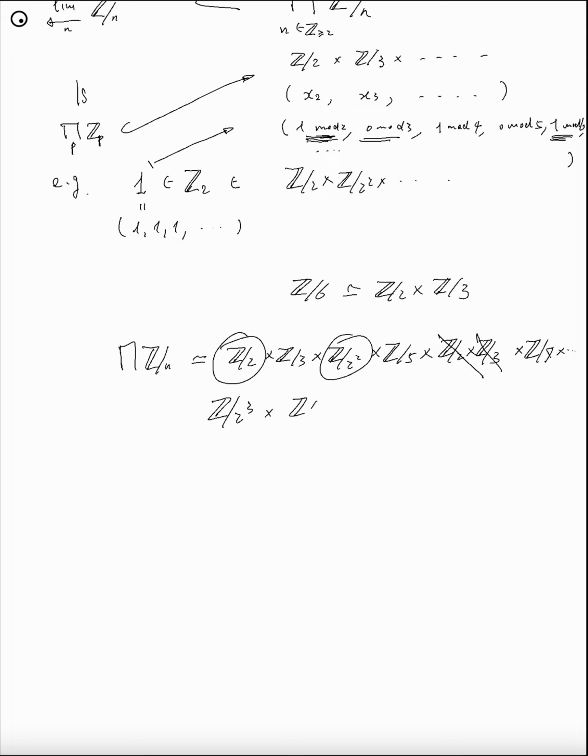Z mod 10 will be useless, because this is Z mod 2, Z mod 5, and it's uniquely determined by what is already there. So finally you just collect all those, and it gives you Z_2, Z_3, right? The fact that limits commute is telling you that you can reorder them.